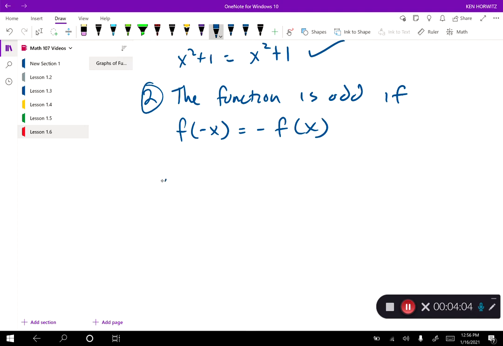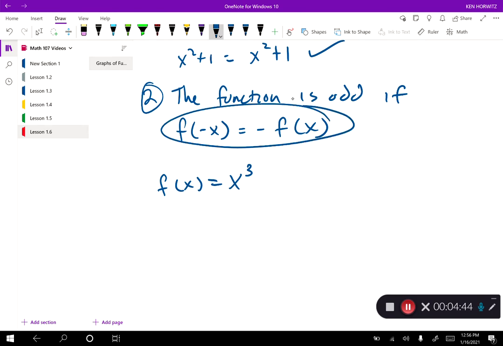So my example is going to be f of x equals x cubed. And again, this is indeed an odd function. Like I said, you wouldn't normally know that at the start. The question would be, is the function even, odd, or neither? Or test for symmetry. Now remember, a function is odd if it is symmetric about the origin. So if you answer yes to it is odd, you're also answering yes to is it symmetric about the origin. But let's fill out that statement and see if it's true.